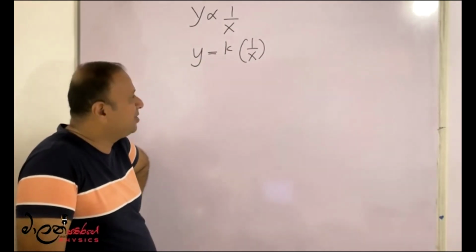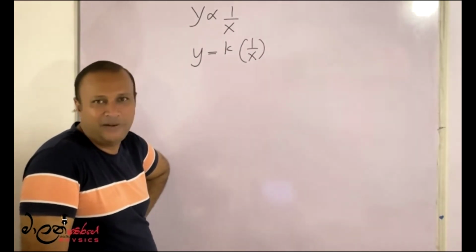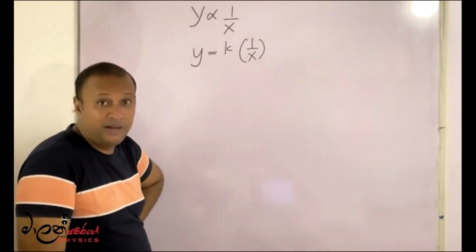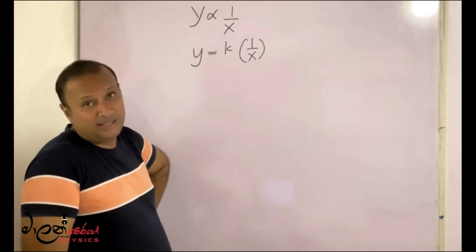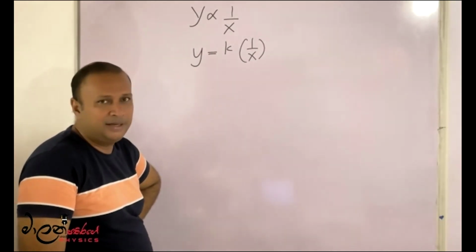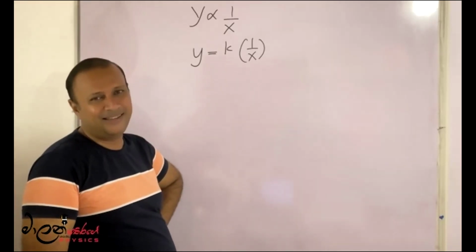If it is a straight line, definitely it should be y equal mx plus c. But now y is equal to 1 over x. Therefore, definitely this is not a straight line.